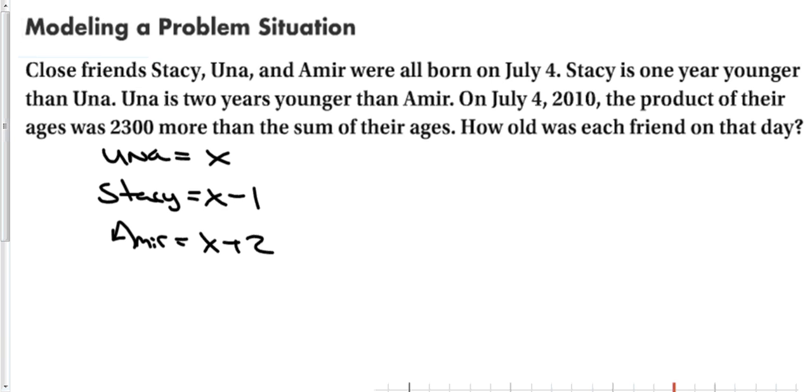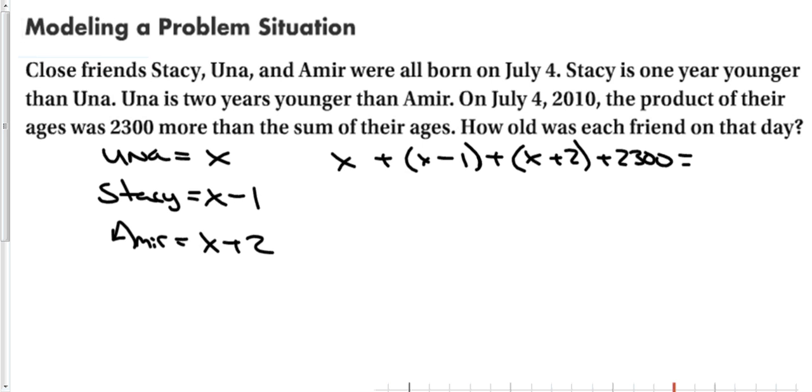Okay. So next sentence says the product of their ages is 2,300 more than the sum. So we would take the sum, x plus 1 plus x minus 1 plus x plus 2 plus 2,300 would equal x times x plus 1, x minus 1 times x plus 2.